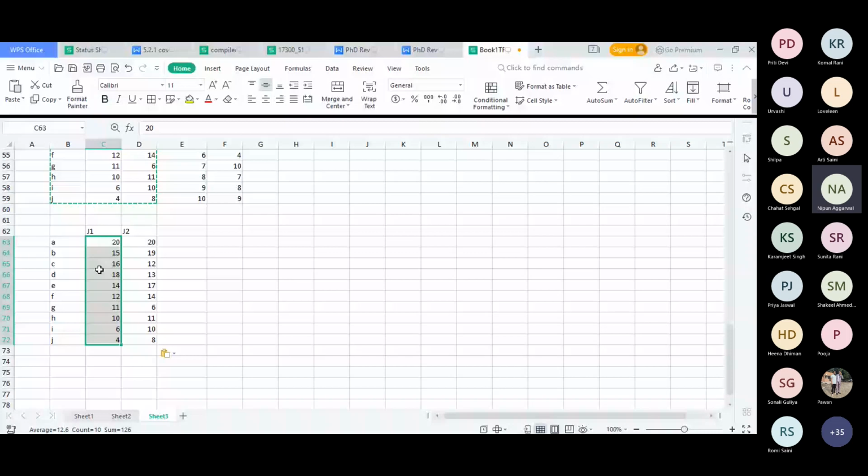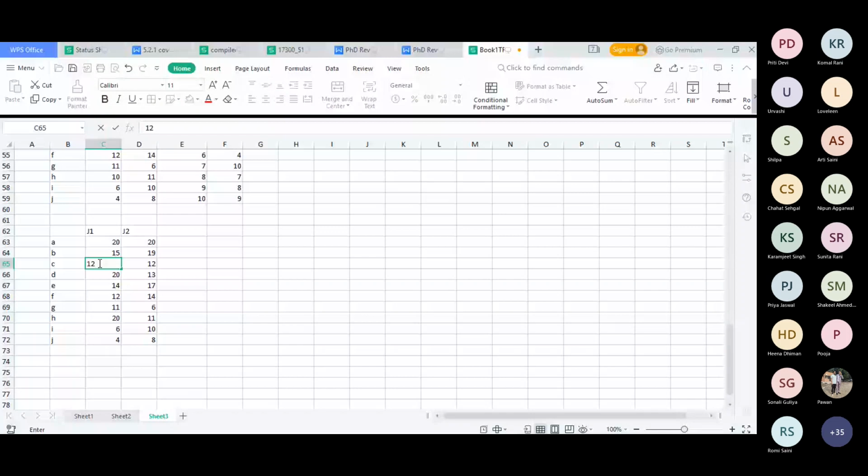So let's suppose we change some of the data. This is 20, and let's suppose this is also 20 and this is also 20. So there will be three students who have scored the same marks. And suppose this is 12, and this is also 12.